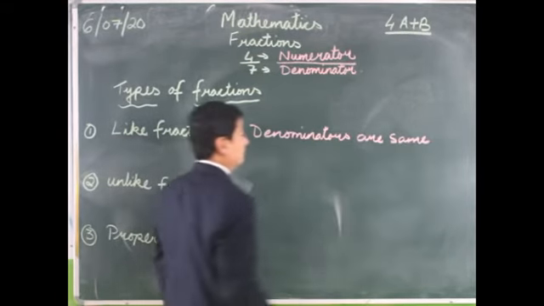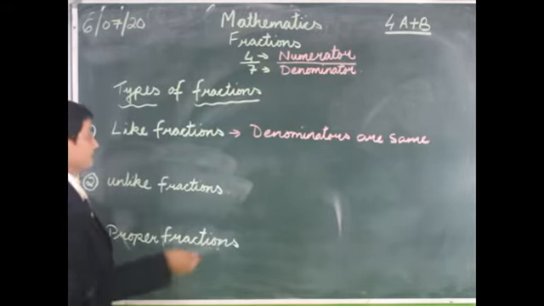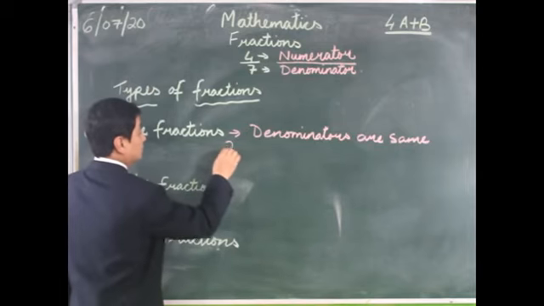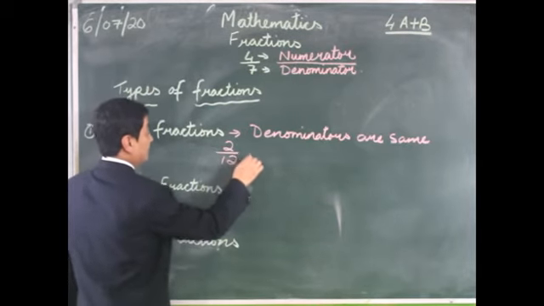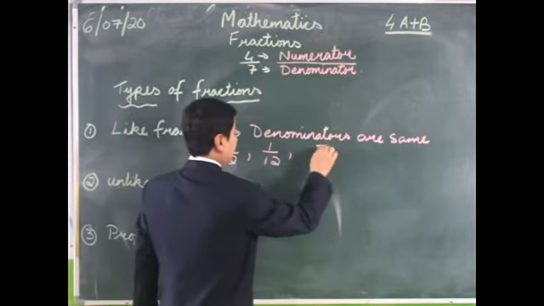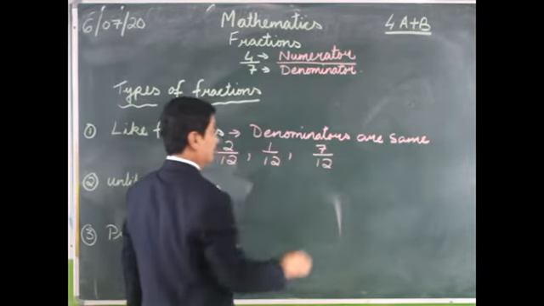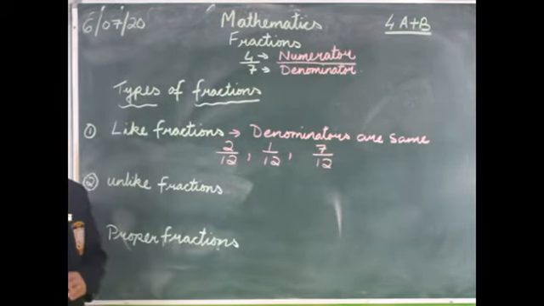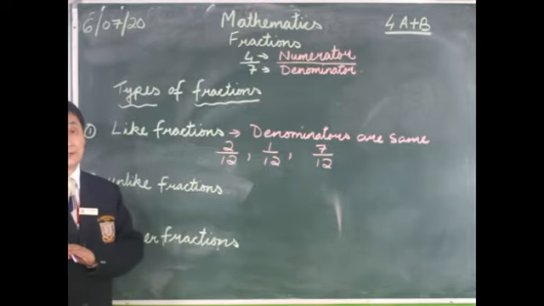Okay? All the denominators are same. For example, 2 upon 12, 1 upon 12, 7 upon 12, and so on. So the denominators are same.